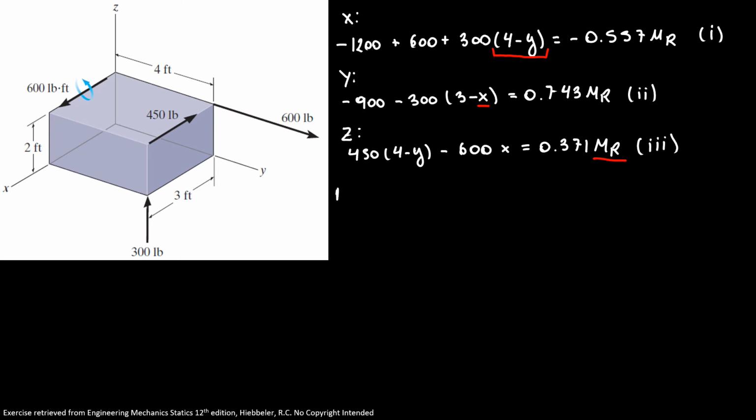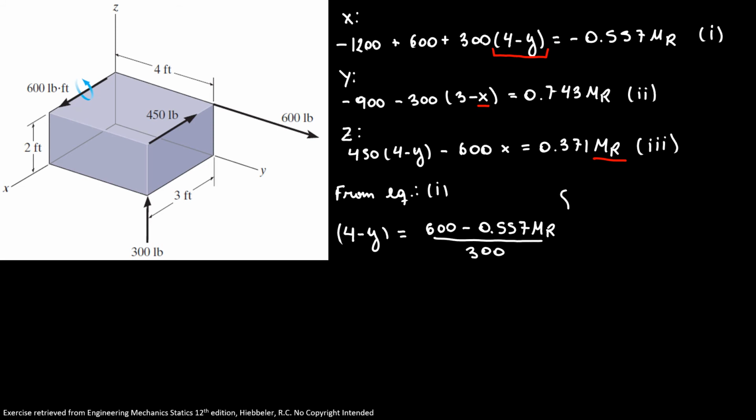So from equation 1, I have that 4 minus y equals 600 minus 0.557 times the resultant moment over 300.